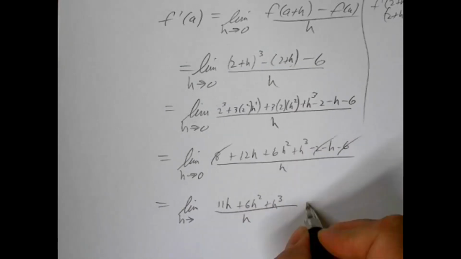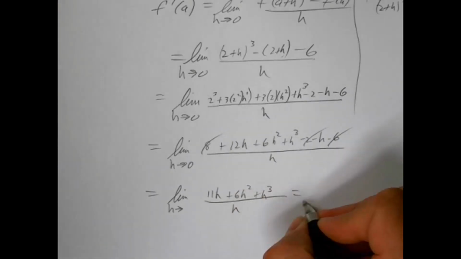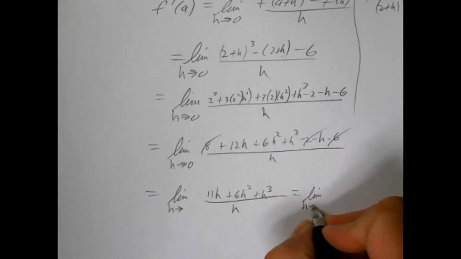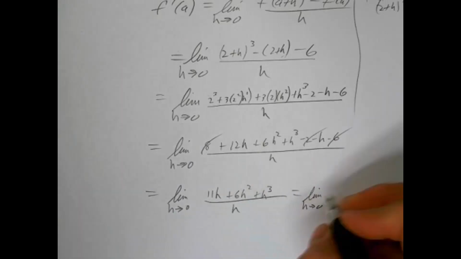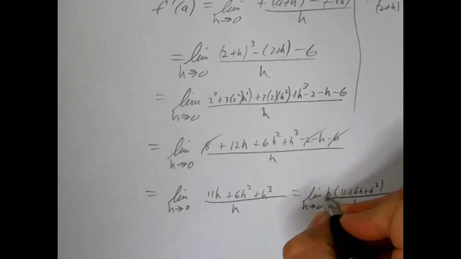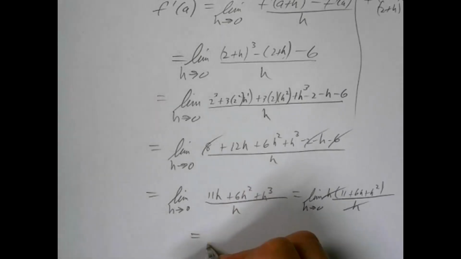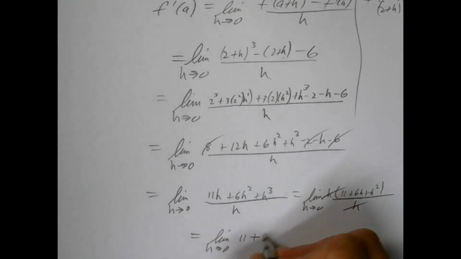all over h. Now notice that an h will factor out here as a GCF. This is the limit as h approaches 0 of h times 11 plus 6h plus h squared, all over h. And then finally, what we've been gunning for is for that h to cancel. So this is the limit as h approaches 0 of 11 plus 6h plus h squared.